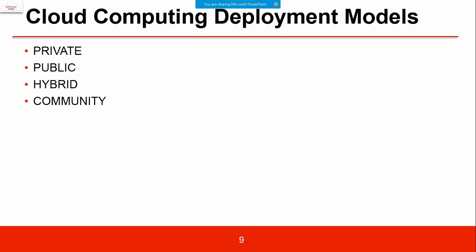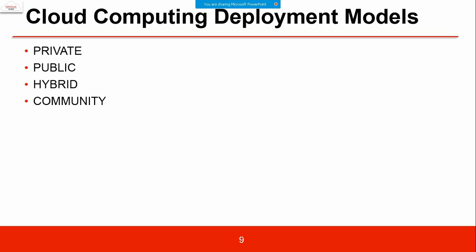What are the deployment models of cloud? We have private cloud, which we host for ourselves. We have public cloud, publicly available, like DigitalOcean. Same way AWS is public cloud. Oracle Cloud Infrastructure, OCI, is public cloud.